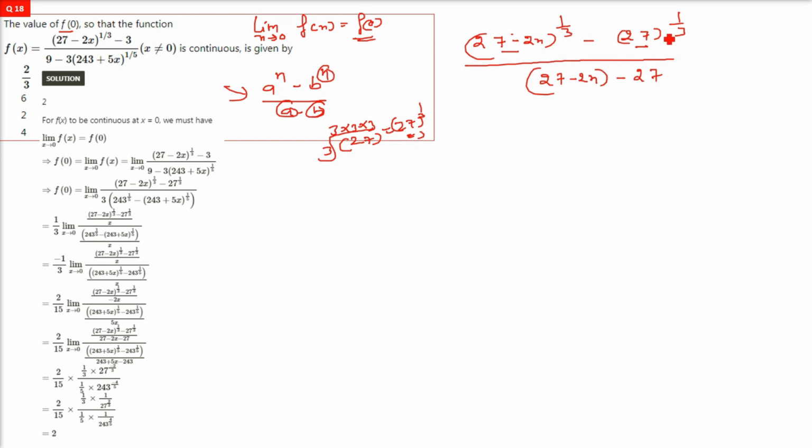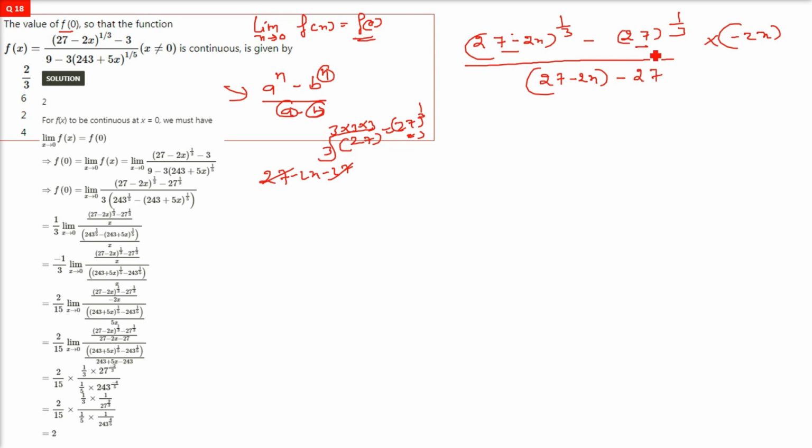If you cancel this 27 out, which we introduced ourselves, then minus 2x is extra. Since you have introduced it in the denominator, you have to put this minus 2x in the numerator also in order to cancel it, or make it the way it was earlier. Minus 2x we have introduced.